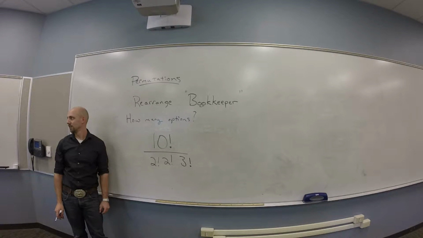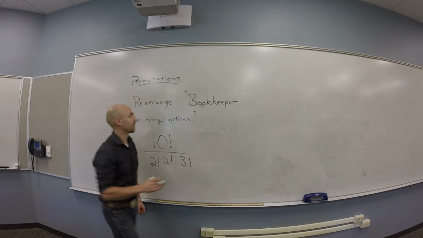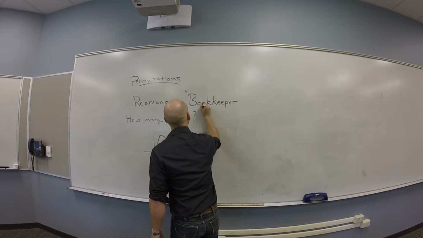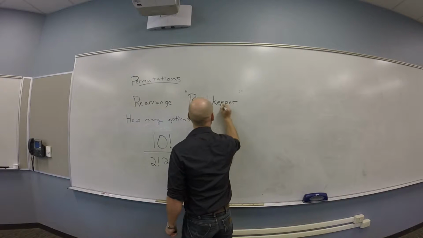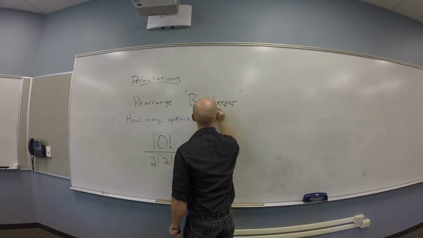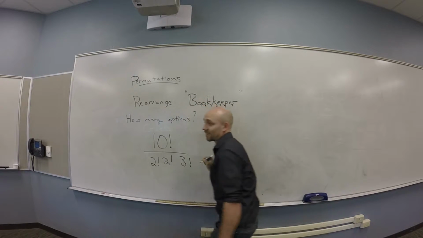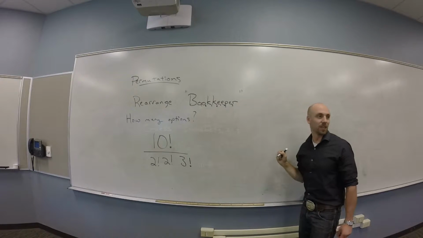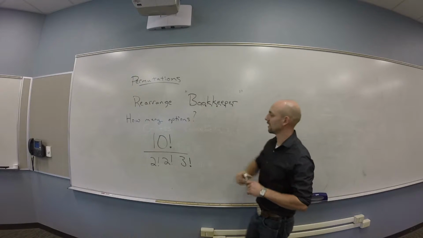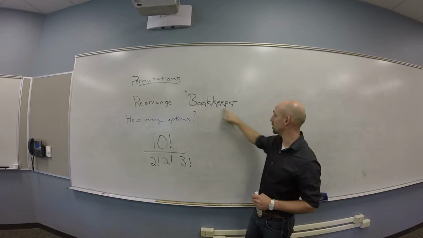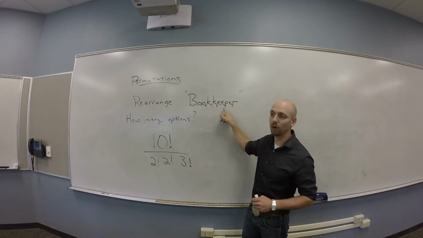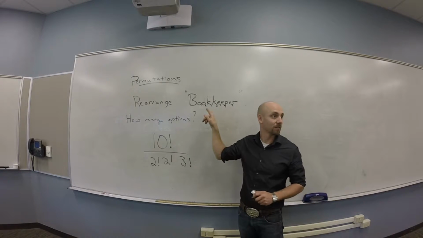You guys see this? Does that make better sense? No matter how you ultimately end up rearranging it out of a 10 factorial, you could switch the O's around and you wouldn't be able to tell the difference. So think about the top as, we're going to rearrange this one where I marked the O's, the K's, and the E's differently.